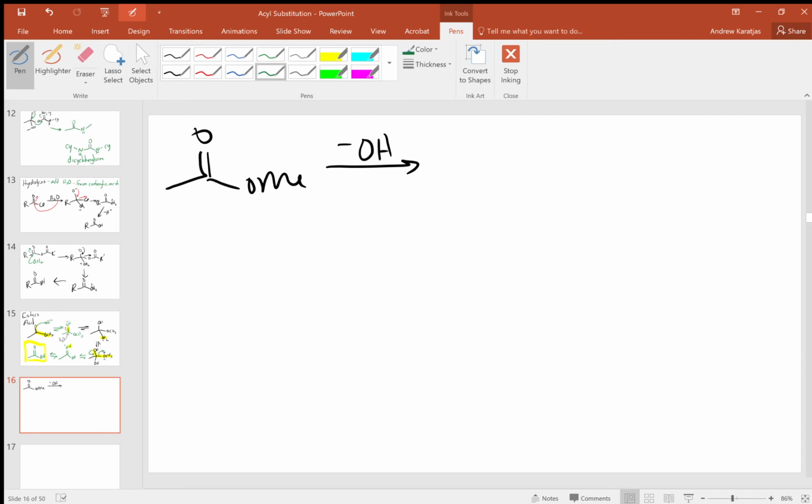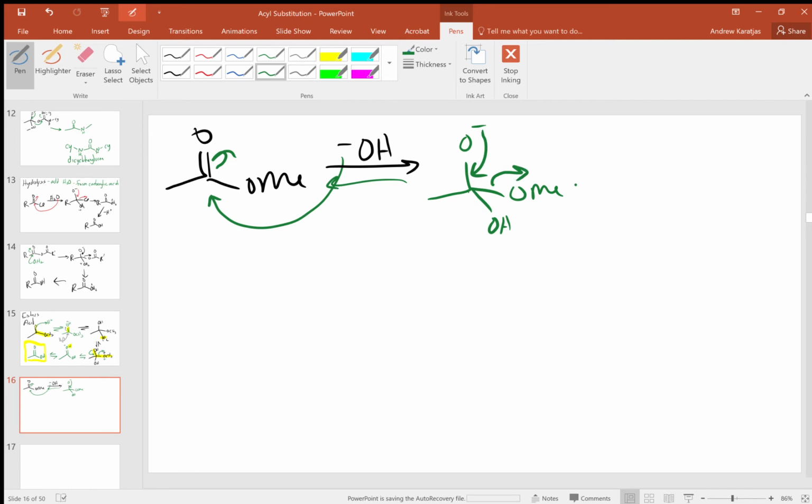Here we've chosen a better nucleophile, so hydroxide attacks, we form our tetrahedral intermediate. At this point, O- adds back in and kicks out the methoxy group to give us our carboxylic acid.